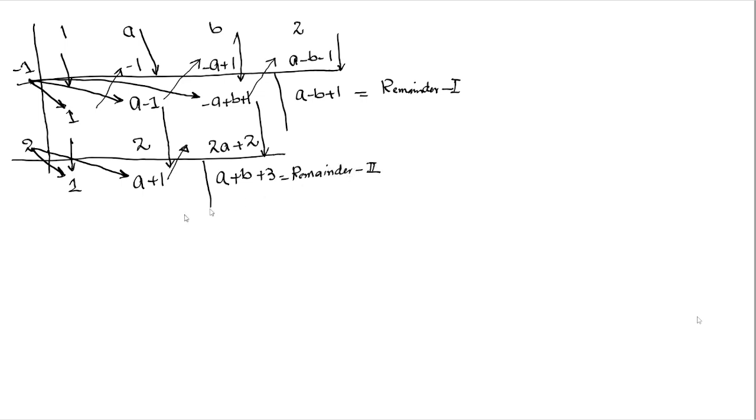2. So according to the given conditions, what are the conditions? That x plus 1 is a factor and x minus 2 is a factor of the given polynomial.